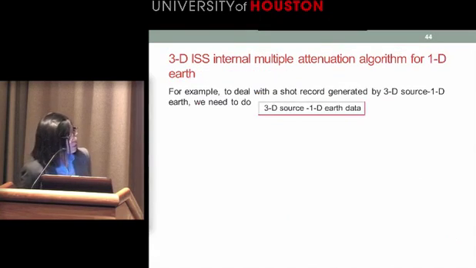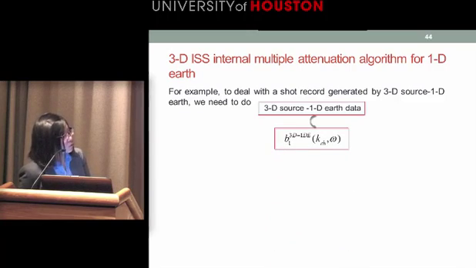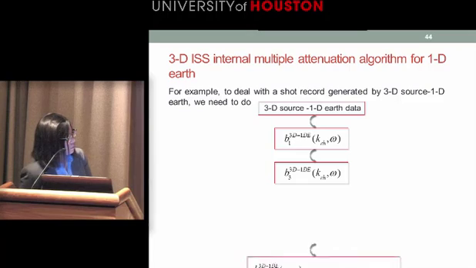Okay, I would like to give you a brief workflow for how to deal with data generated by a 3D source from 1D Earth. First thing is the 3D source 1D Earth data. Then you do the Hankel transform to make it in the frequency domain, and then you compute B1 according to the definition, and plug this B1 into the B3 algorithm.